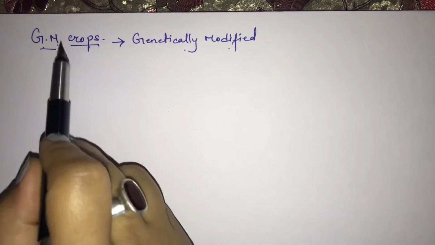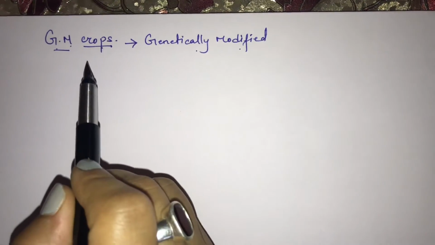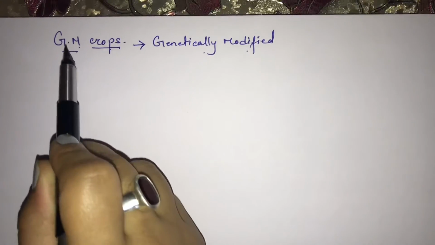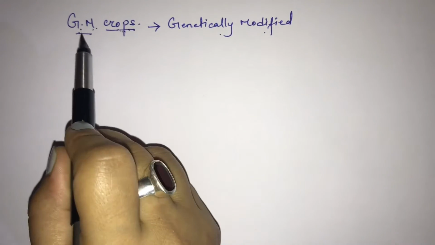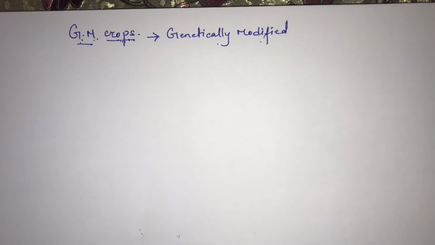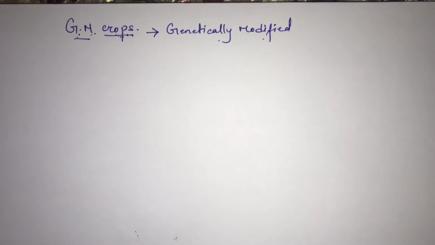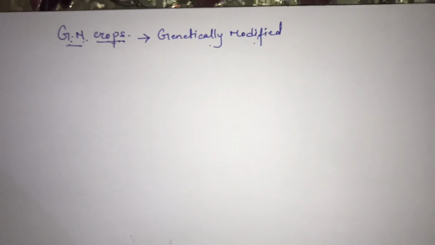Crops which have a gene of interest from other sources are genetically modified crops, because their genes have been altered in order to get the desired character. So this is all about genetically modified crops.